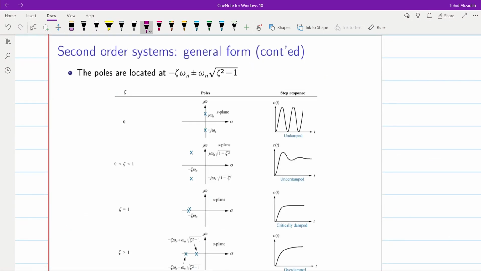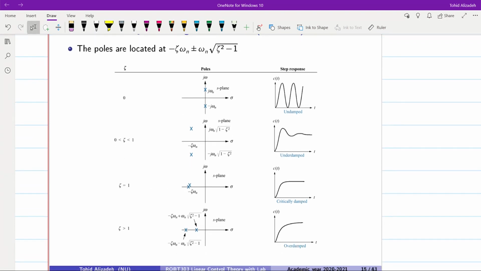Over here we have a summary of how the step response of the second order systems will look based on the value that we have for zeta. And this gives us a general understanding of what we should expect. Looking at the transfer function of a system, we can tell how the step response will look, and if we have the step response of a system, we can guess the kind of second order system that we have.